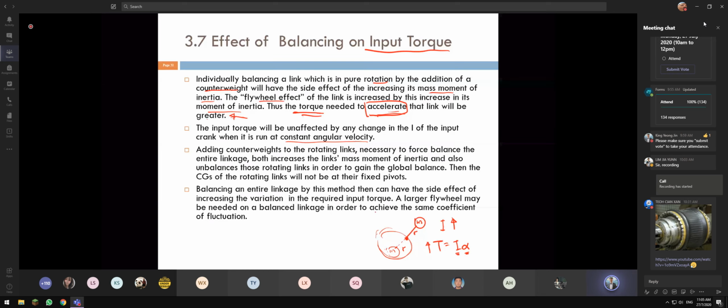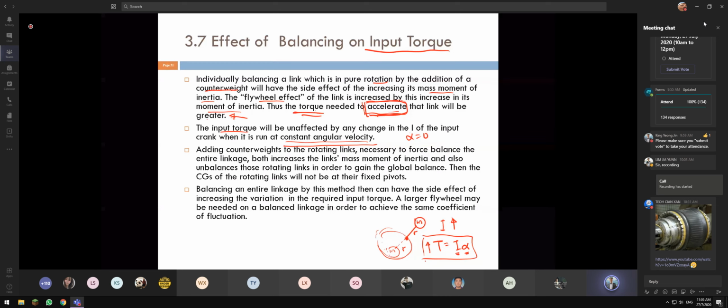But if the linkage is rotating at a constant velocity where alpha is 0, then the running torque will not be affected. It will only affect the torque required to accelerate the linkage.